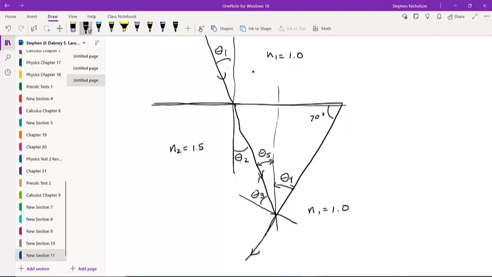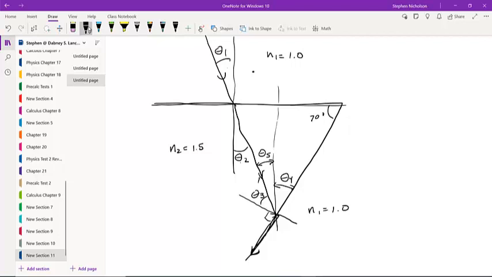And what I want to know is what theta 1 has to be so that you get that total internal reflection. So we kind of have to work our way back from here, that this angle from the normal is 90 degrees, and then work our way back and figure out what theta 1 is.